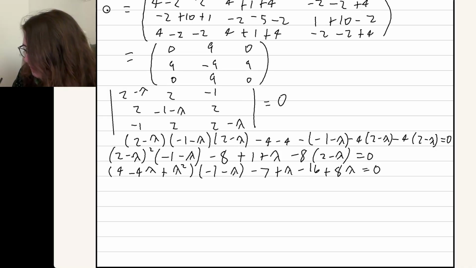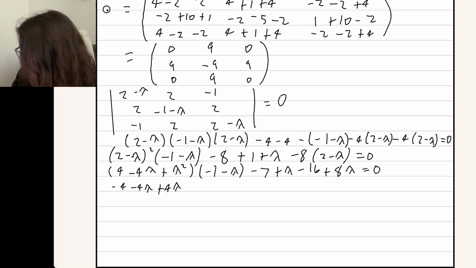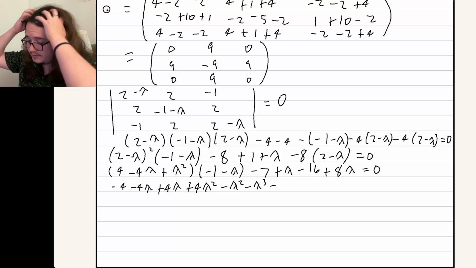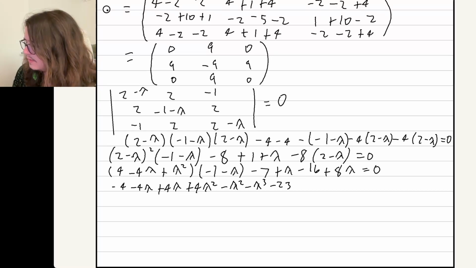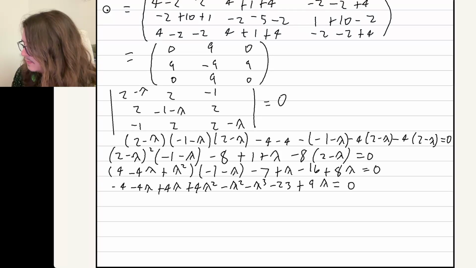That equals 0. Expand again. Now we've got minus 4, minus 4 lambda plus 4 lambda, and then plus 4 lambda squared minus lambda squared minus lambda cubed, minus 7 minus 16 turns into minus 23, and then 8 plus 1 is 9, so plus 9 lambda, right?